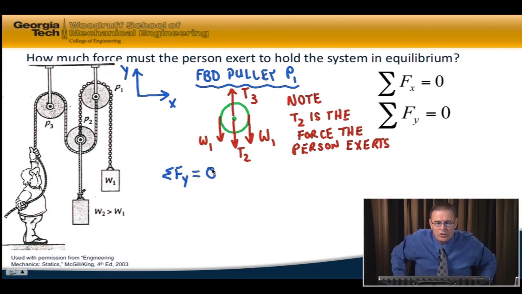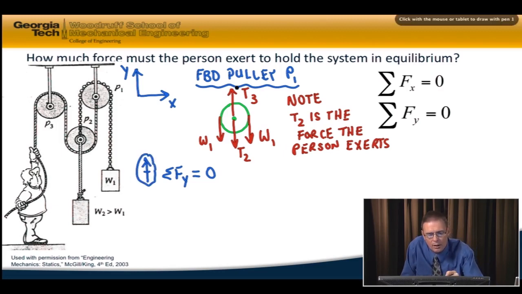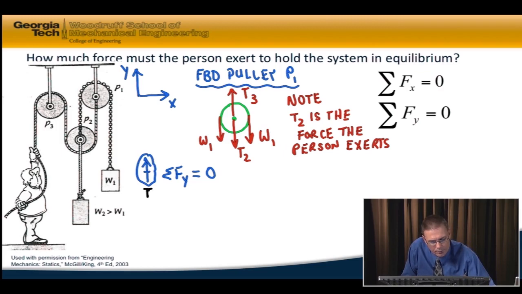I have to choose a sign convention for assembling my equation. This is arbitrary, and I'll show you that it doesn't matter. So to start, I'll just choose up as being positive. When I assemble my equation, T3 is up, so that's positive. Weight 1 is down, so that's negative in accordance with my sign convention. T2 is down, so that's negative.